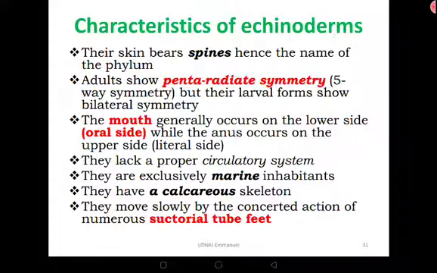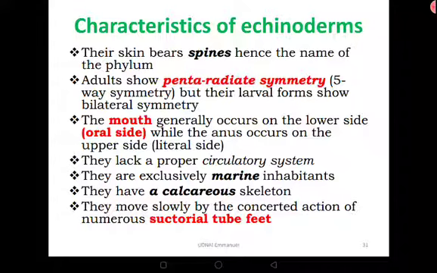Characteristics: their skin bears spines, hence the name of the phylum. Echinodermata is spiny skin. So by the mere mentioning of the name Echinodermata, it means the skin is spined. Then adults show pentaradiate symmetry. It means it can be divided into 5 equal parts. Yes, you can divide, for example, the starfish into 5 equal arms.